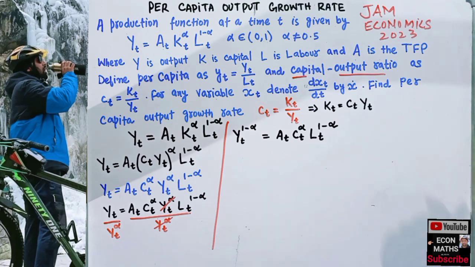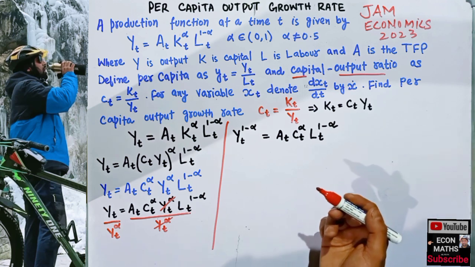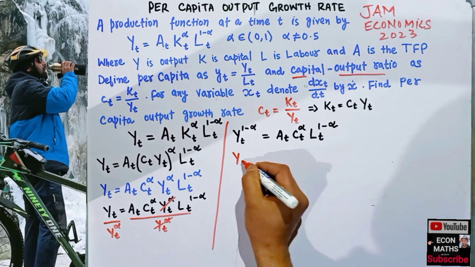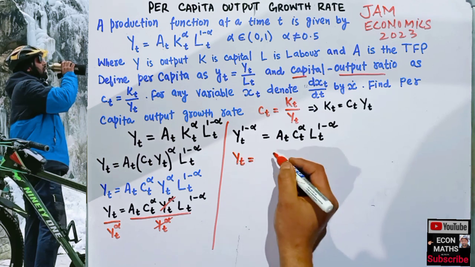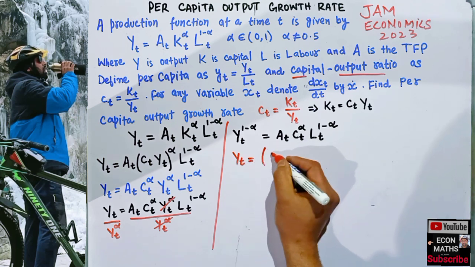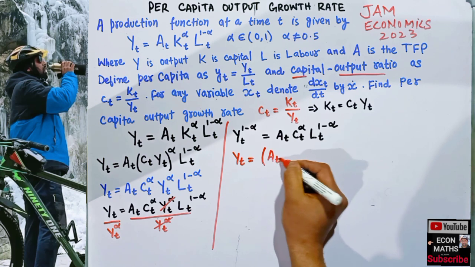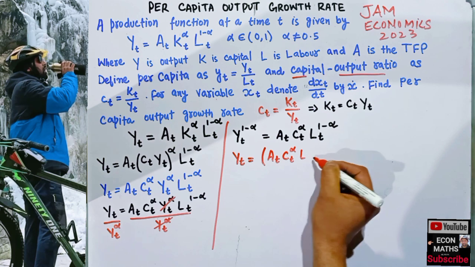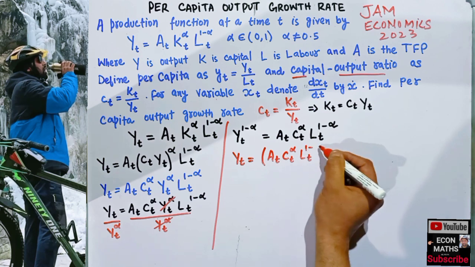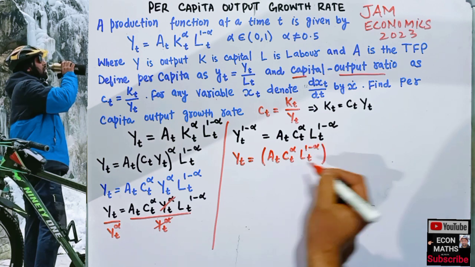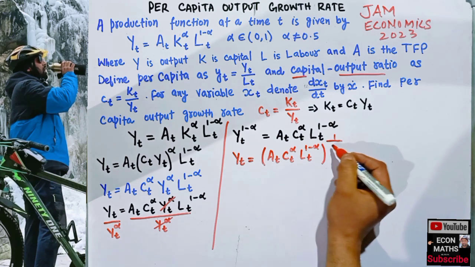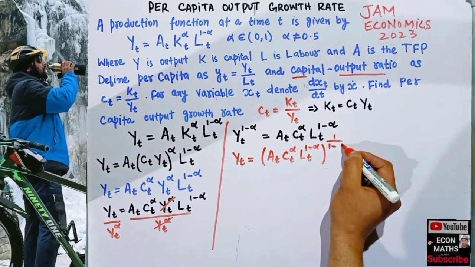Sorry for my broken English. So I can write it in this fashion, that is Y_t = (A_t C_t^alpha L_t^(1 minus alpha)) raised to the power 1 over (1 minus alpha). When I transpose the exponent, it will become an exponent in reciprocal order.